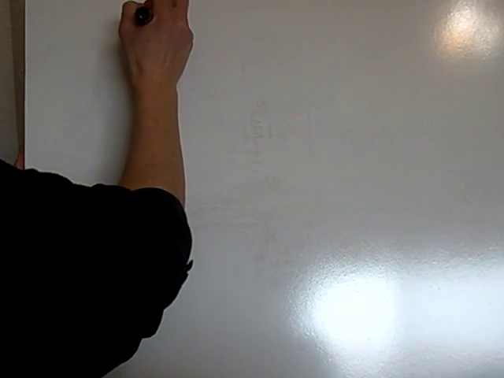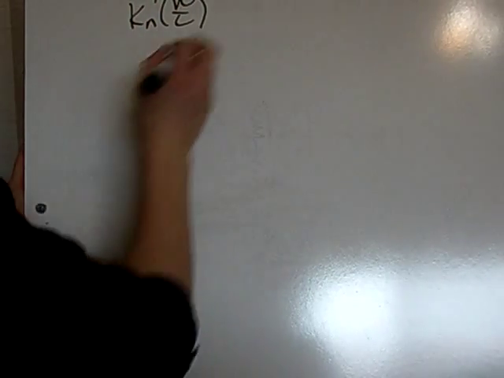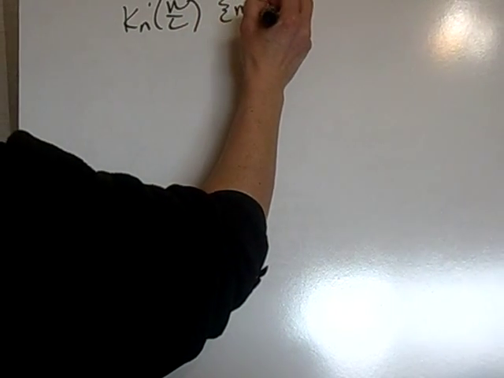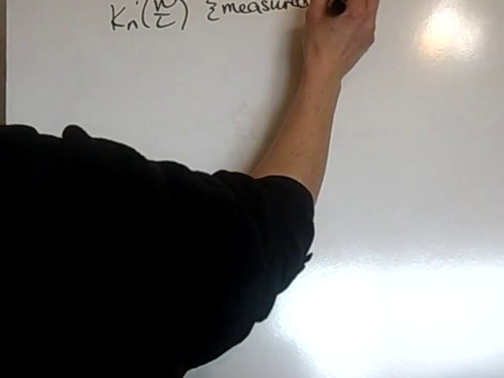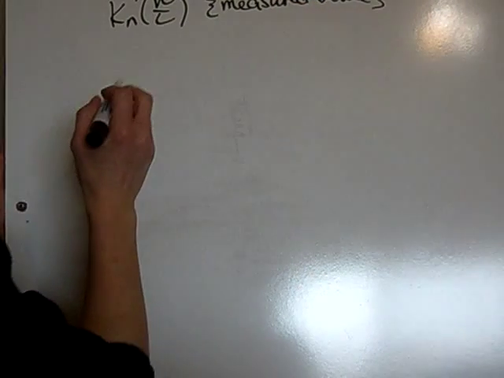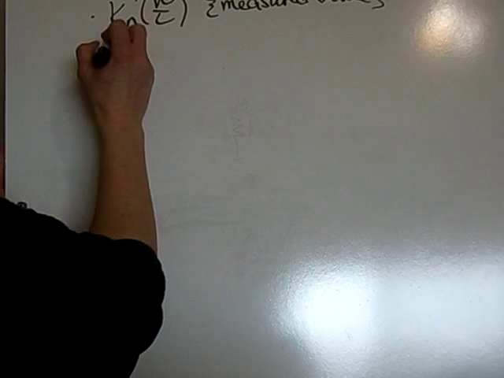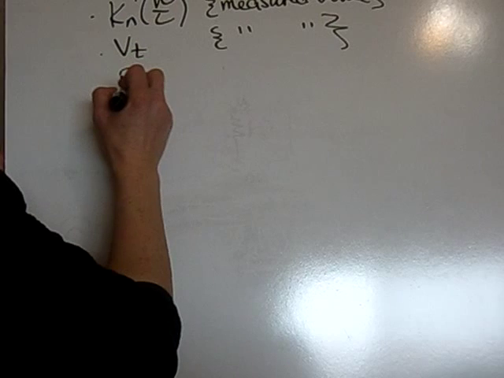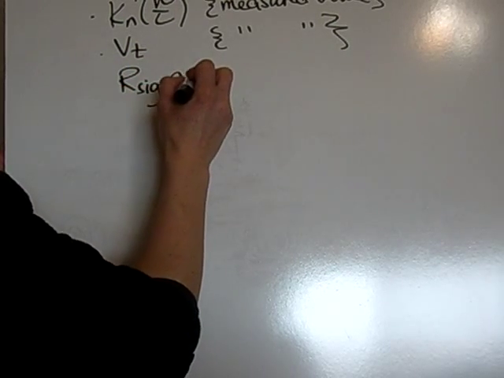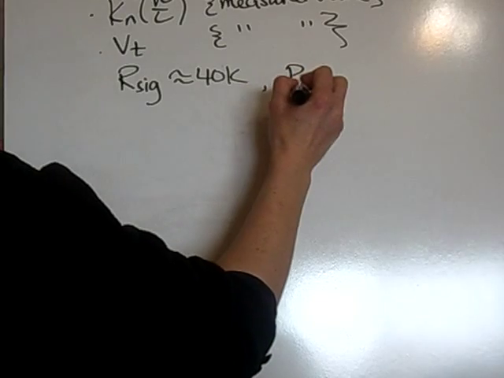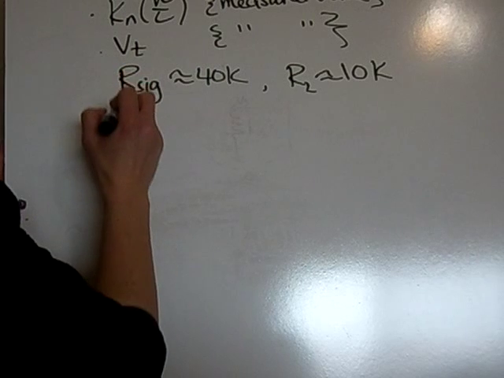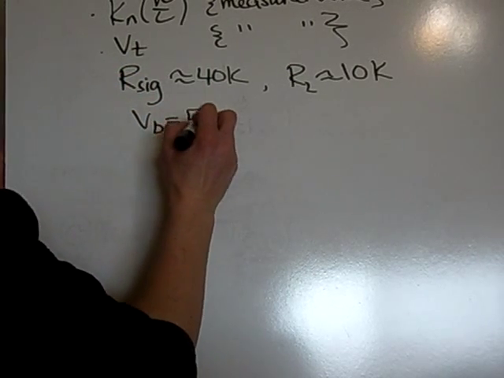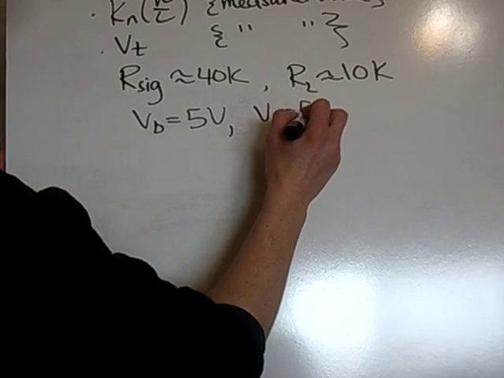Summarizing those: my measured value of Kn prime, and VT is also your measured value. I'm going to use R sig approximately 40K, RL approximately 10K, and VD I'm going to set at first at 5 volts and VS at 5 volts.